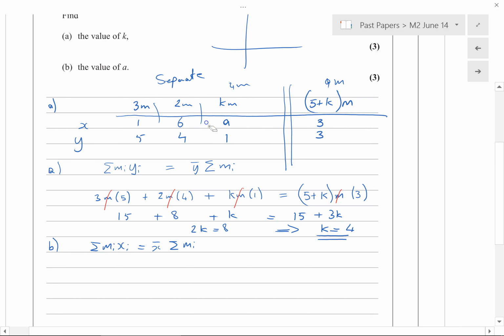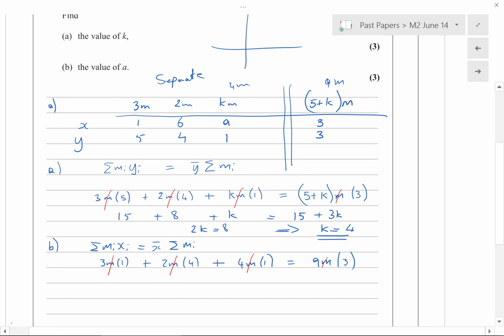So we have 3m times 1 plus 2m times 4 plus, now that's 4m times a because we now know that k is 4, equals 9m times 3. Obviously m cancels once again.